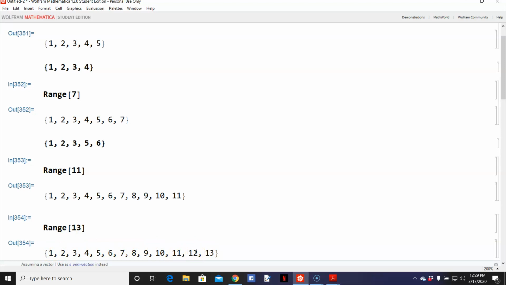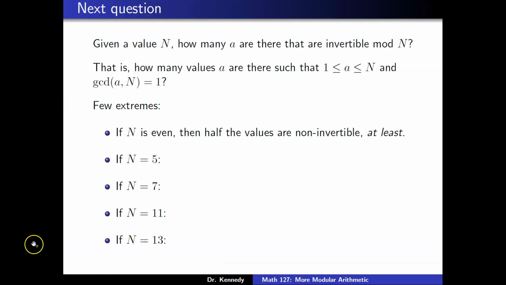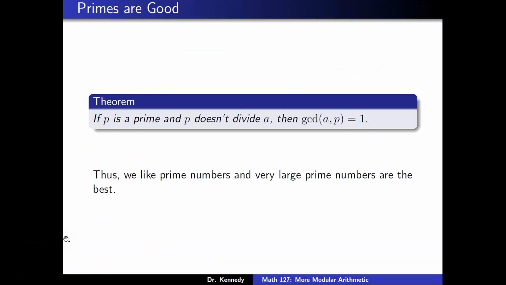Okay, that's good. Now, if we look at primes, as I said, they're good. If P is a prime, and I want to know whether a number A is relatively prime to P, well, they won't be relatively prime if they share a common factor.